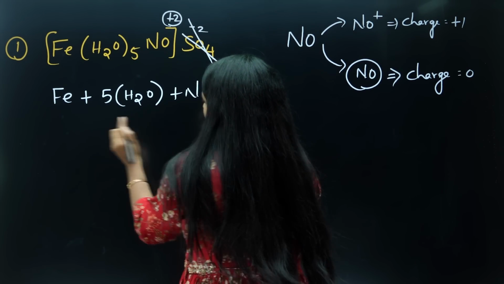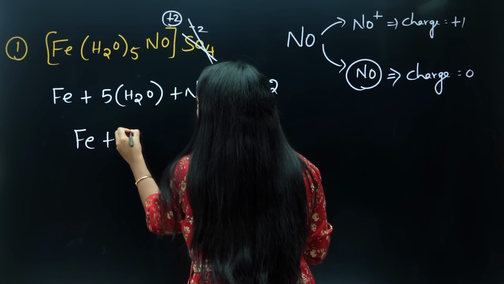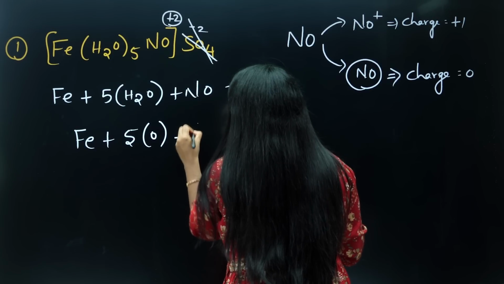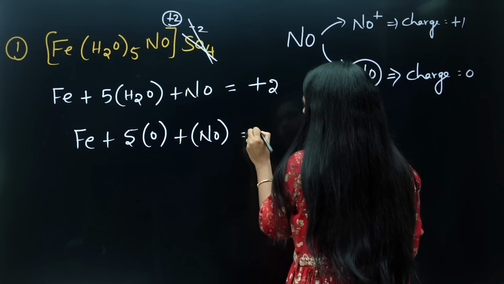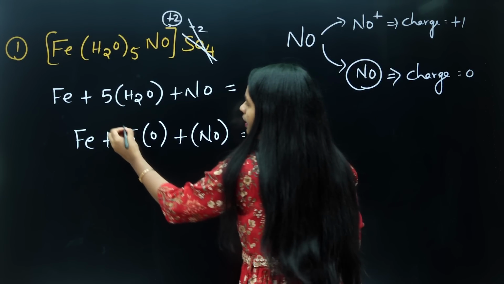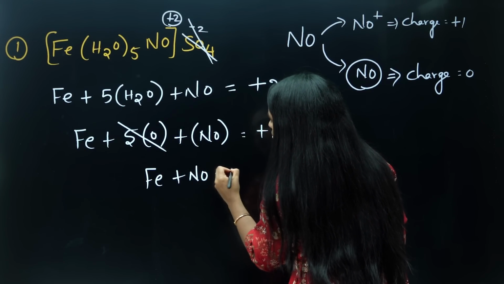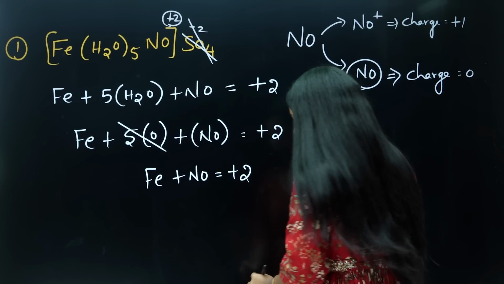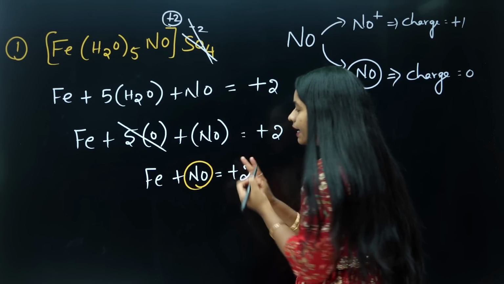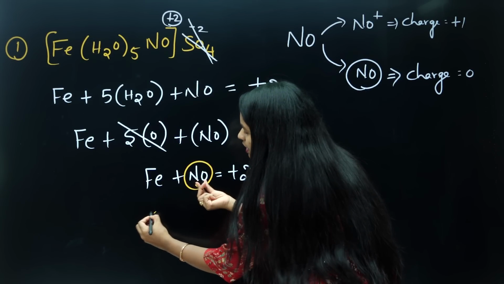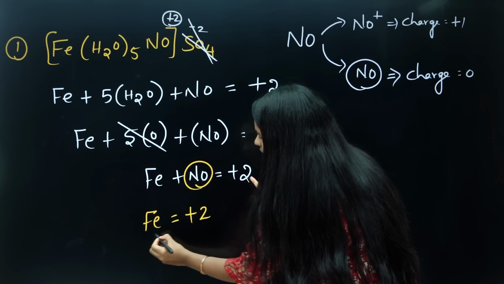Now, water is always 0, so 5 into 0 plus NO, we don't know. Normally I keep brackets, you can write without brackets. So Fe plus NO is equal to plus 2. Now I am going to take both the possibilities. It can be 0, so substitute 0 in this place: Fe plus 0 is equal to plus 2.